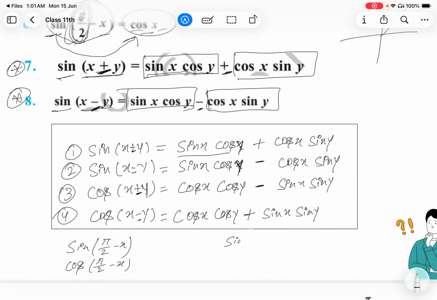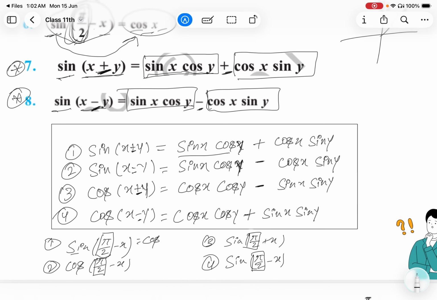Now sine(pi/2 + x) and sine(pi/2 - x). In all four of these, we are making an angle with respect to the y-axis, that is pi/2, so sine will be changed into cos.